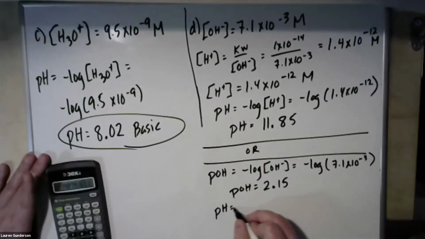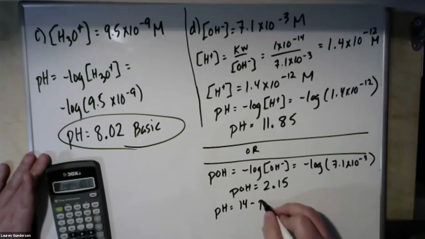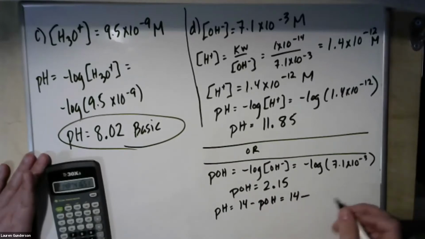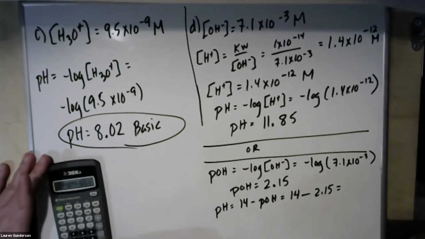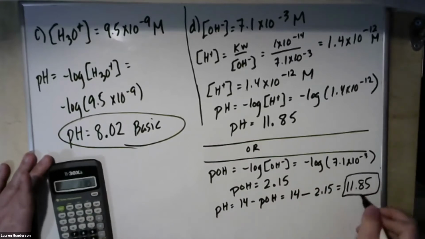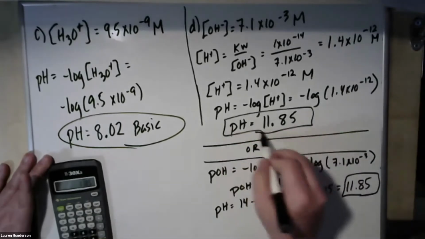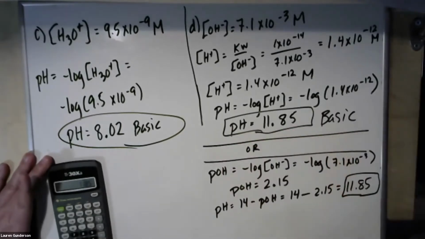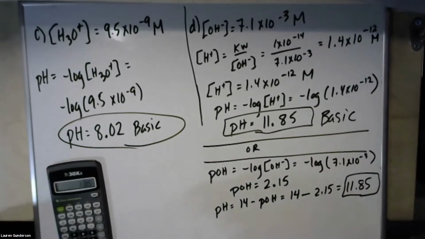So to find our pH, it's going to be 14 minus pOH, which will be 14 minus 2.15, which is 11.85. Either way, we have a solution here that is basic.